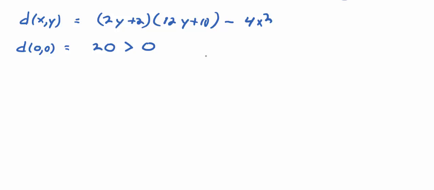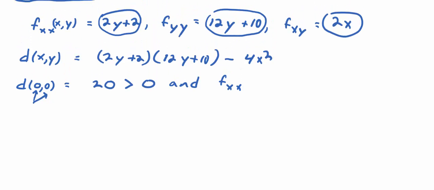And depending on the sign of the second derivative with respect to x, when you insert the critical point, which in this case is 0, 0. So what's the sign of that? Well, we'll say f sub xx, then we can see it right up here.